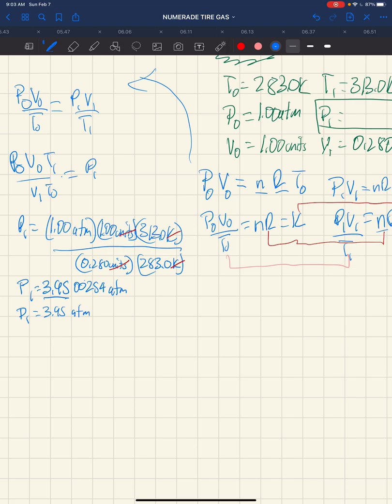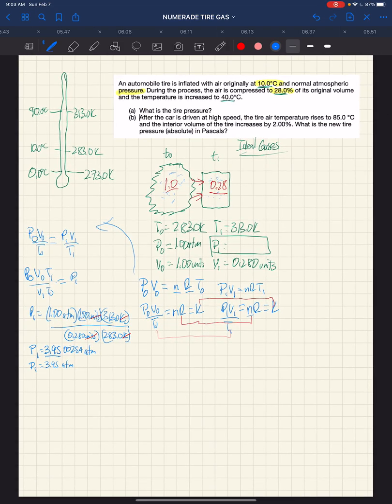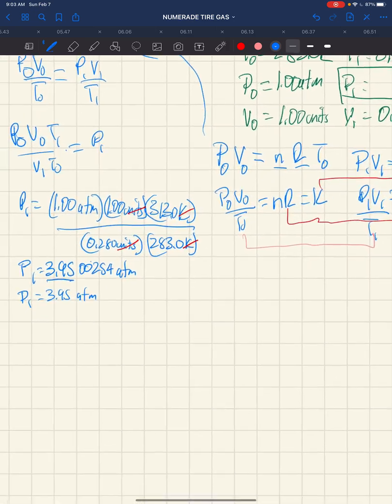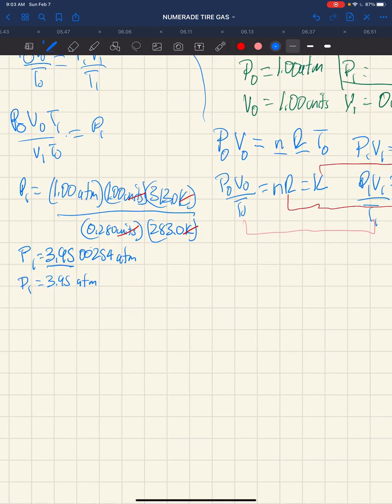We're not asked to give the pressure in any particular unit, but we might as well express it in our common units. Both sets of common units, we use atmospheres and pascals, and the conversion for pascals to atmospheres is 1.01325 times 10 to the 5th pascals per atmosphere.